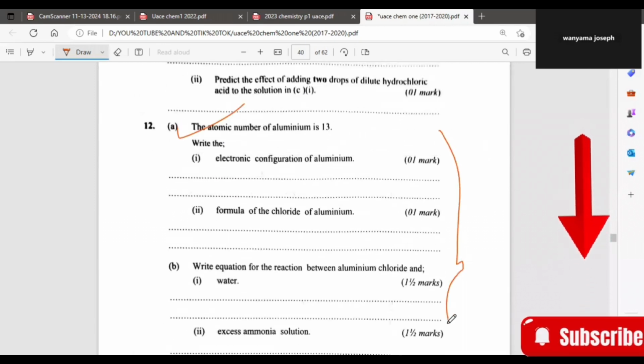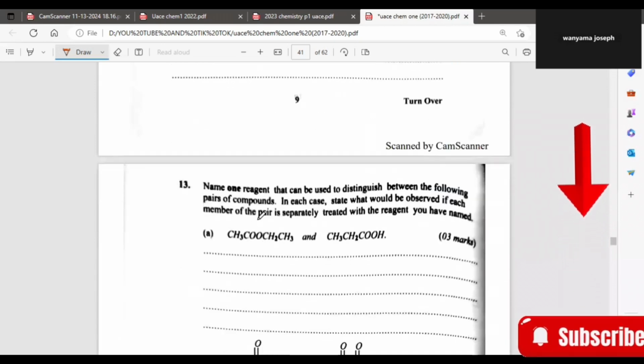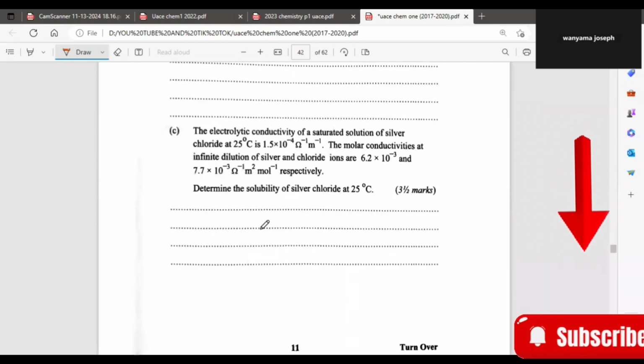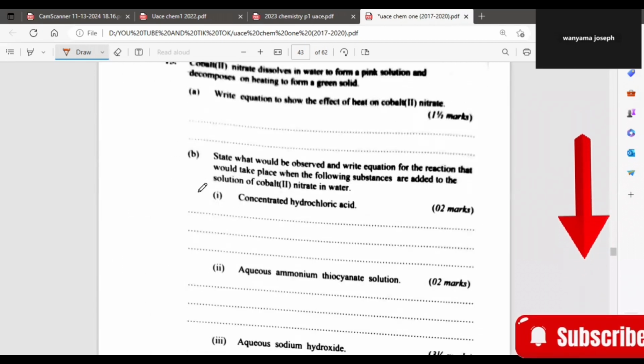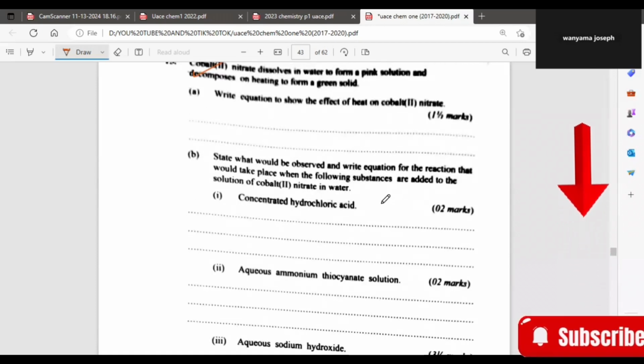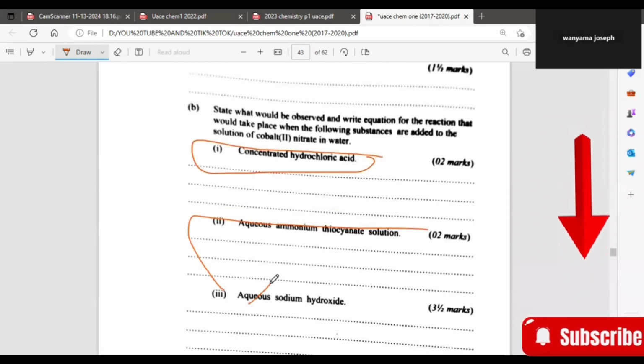A student can dodge this if they are good in physical and organic. This is organic, this is physical, this is inorganic, and basically there is a ligand exchange reaction here. Then there is qualitative analysis on these two parts.